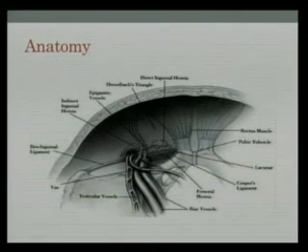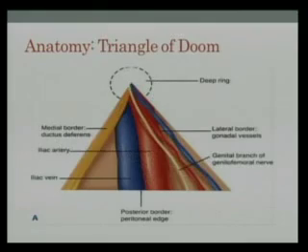When we splay out the gonadal vessels here and the spermatic cord here, and this is the spermatic cord going through your internal inguinal ring for your indirect hernia, when we lay those out, and then back here is just going to be the edge of your peritoneum, this is our triangle of doom, and this is your vessels here, your iliac vessels. So if you poke a hole in them, if you put a tack in there to secure your mesh, all of a sudden you have brisk arterial bleeding. That's what I call the triangle of doom.